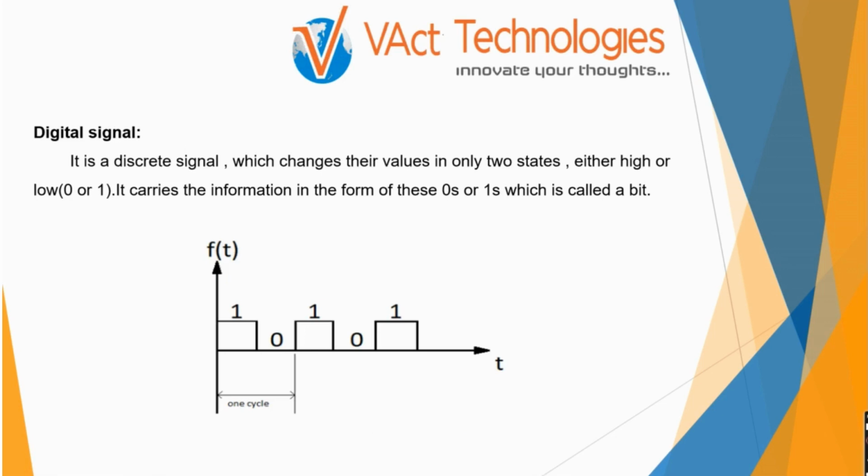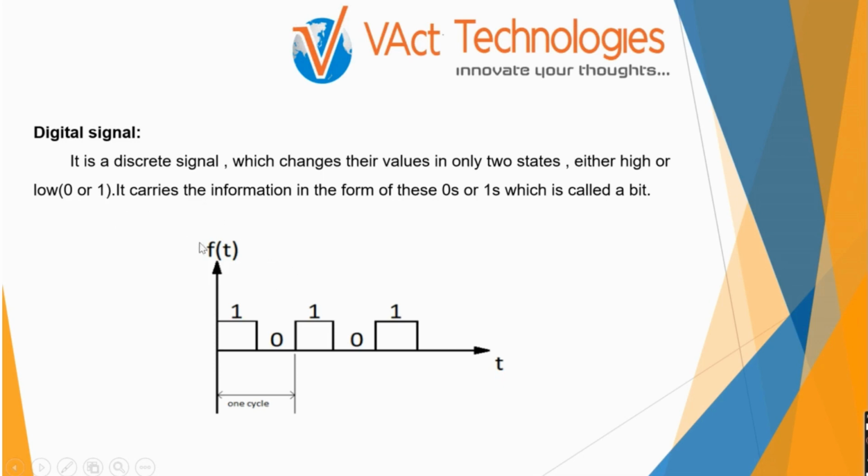Before going to the logic gates, we will see about the digital signal, because the inputs and output of a logic gate are digital signals. A digital signal is a discrete signal which changes its values in only two states, that is either high state or low state. 0 is known as low state and 1 is known as high state.